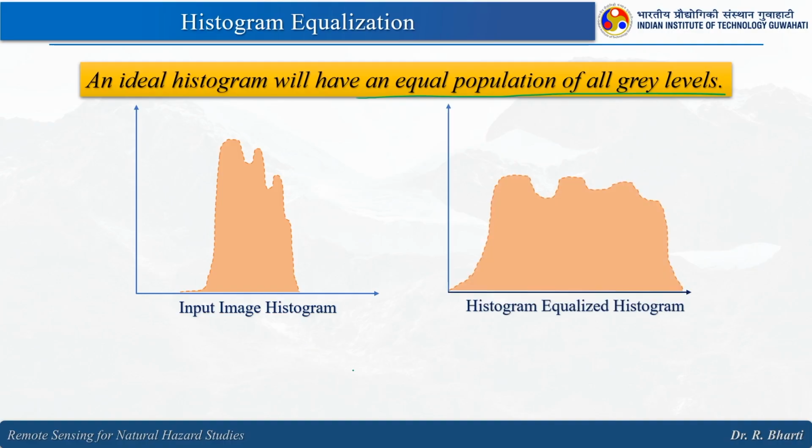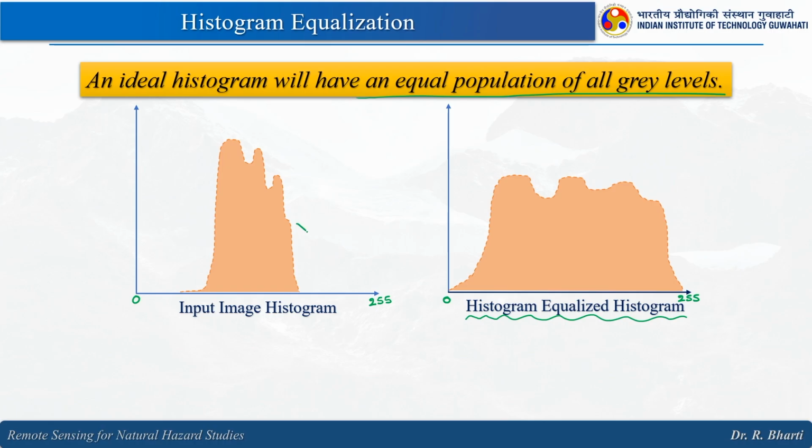I have one example. This is the input histogram and this is the output histogram after histogram equalization, right. You can see how it is occupying the whole range. Let us say this is 8-bit data, 0 to 255.